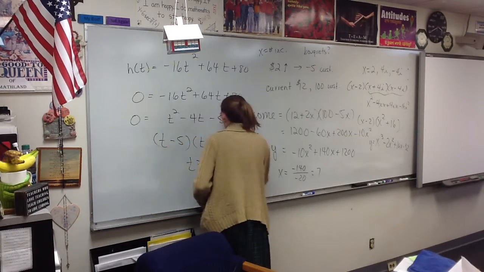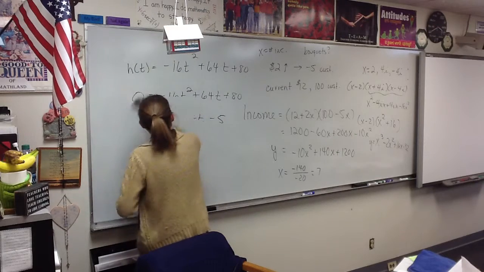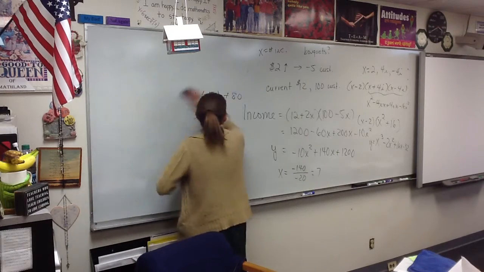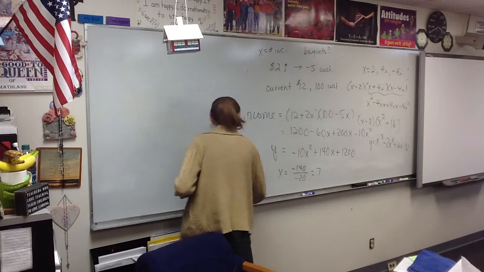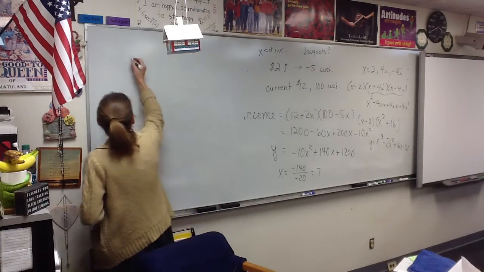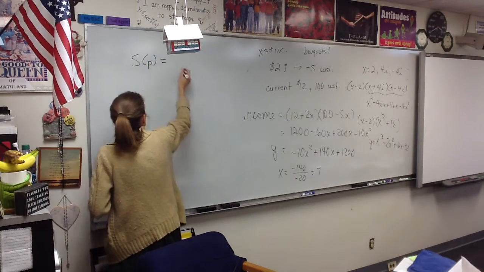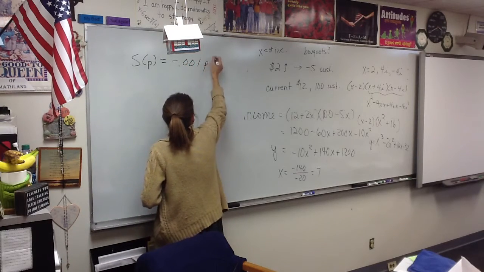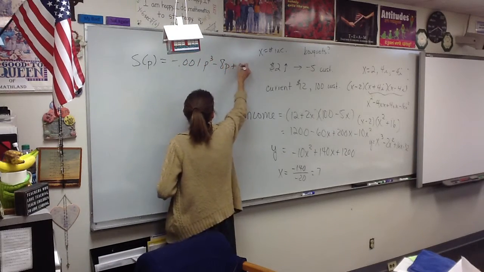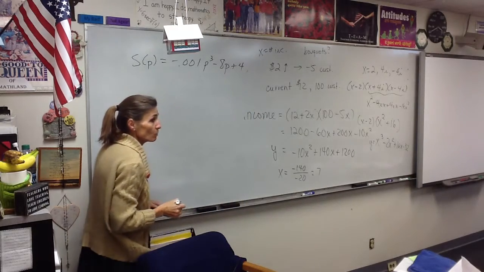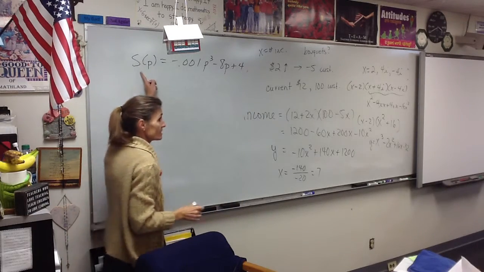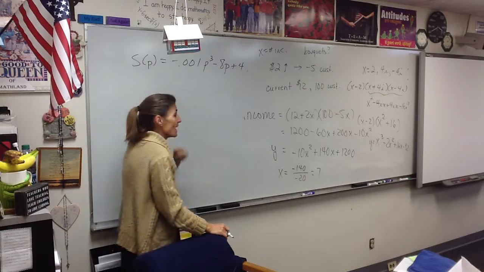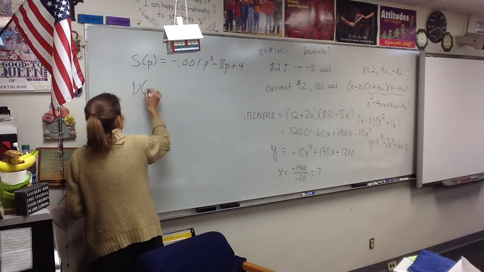All right, now I'm going to make this one up. We're going to do it, but not worry about the answer because I'm totally making it up. Let's suppose we have a supply function that is -0.001p cubed minus 8p plus 4. We are going to make widgets. This is the supply of widgets at a given price.